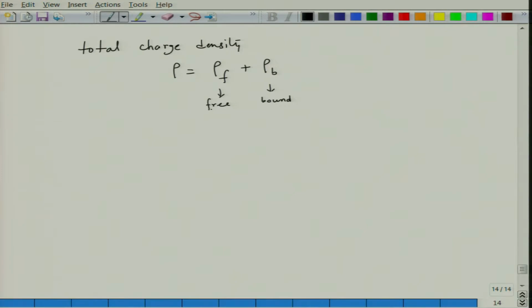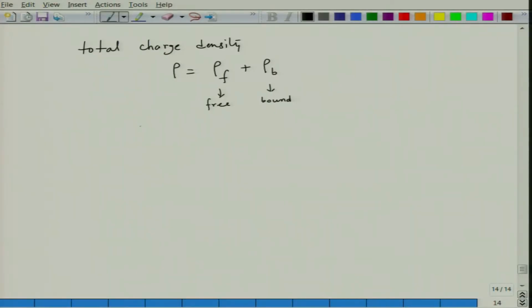Free is the free charge that is present on the surface of the parallel plate, right, and B is the charge that is bound because of the presence of dipoles in the material. As we saw, you had initially 8 charges, out of which 6 get bound and 2 remain free. So, basically total is equal to rho_F plus rho_B, alright.